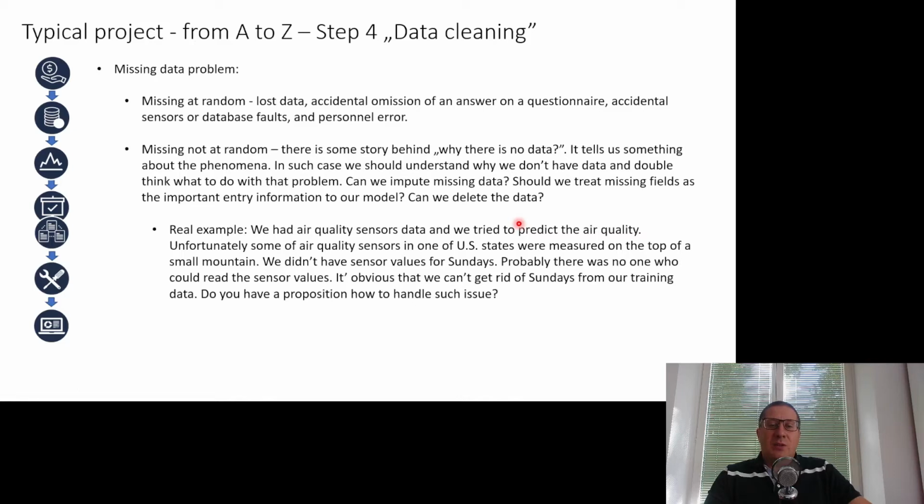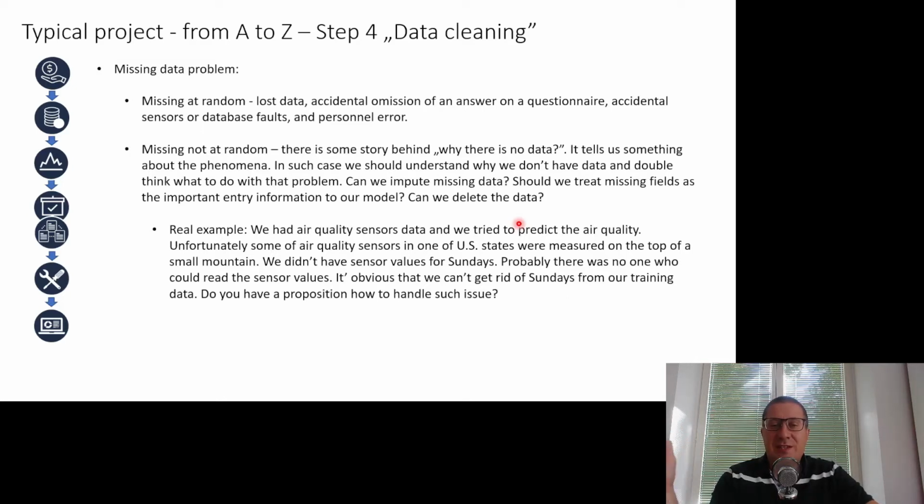We had air quality sensor data and we tried to predict the air quality. So we have data from stations all around the US that measure the air quality. And unfortunately, some air quality sensors in one of the US states were placed on top of a small mountain.